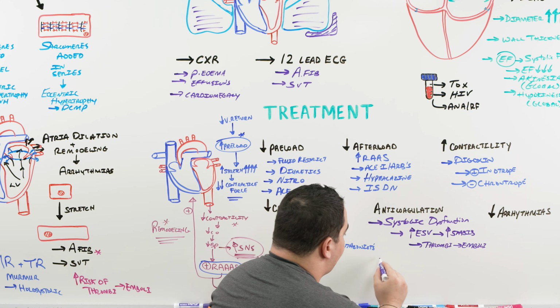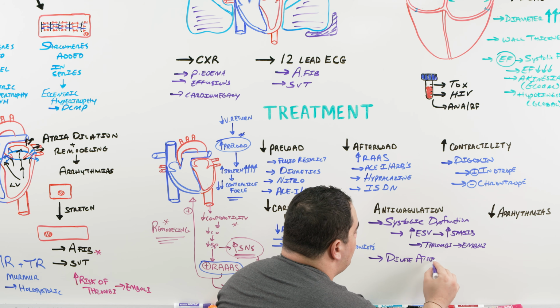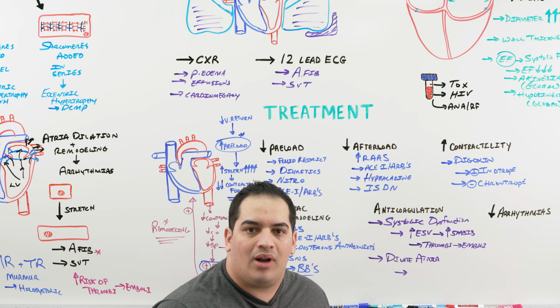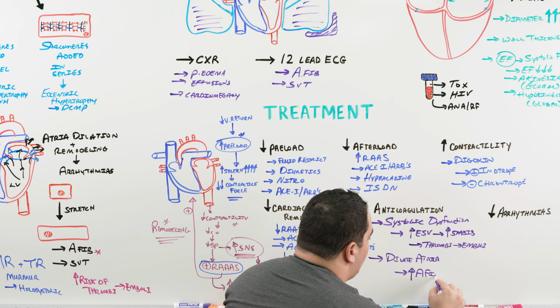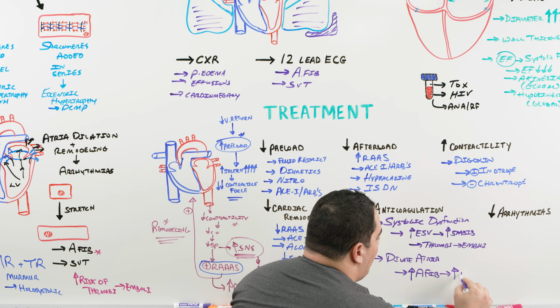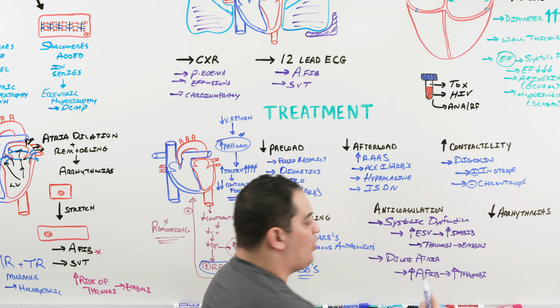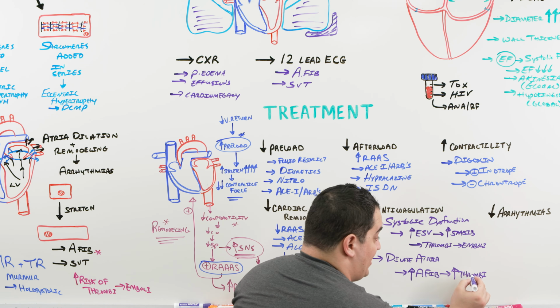The second one is that when you dilate the atria, it causes them to go into this haphazard electrical remodeling process and increases the risk of atrial fibrillation. And this increases the risk of thrombi because they don't have active, very good contractility in the atria. And so blood actually starts to accumulate because they have the same process up here.